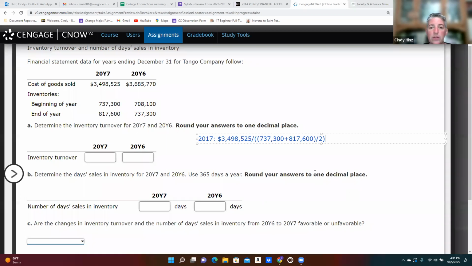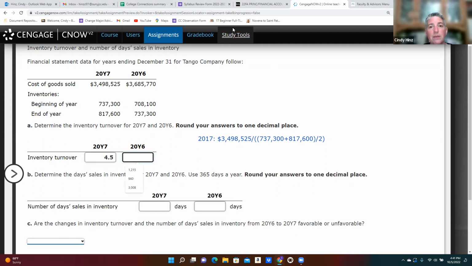Okay, so there's our calculation for 2017. Apologize for my puppy. And it asks us to round to one decimal place. So for 2017, I got an inventory turnover of 4.5.